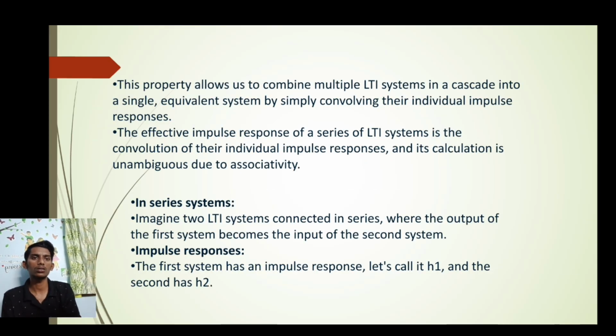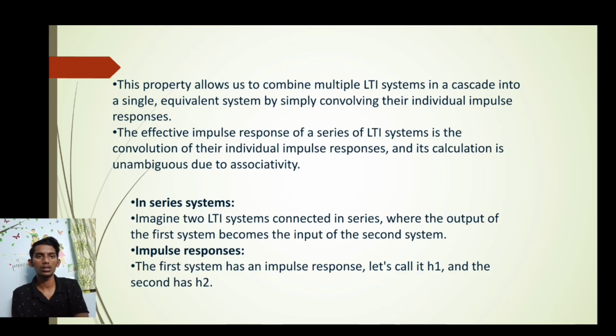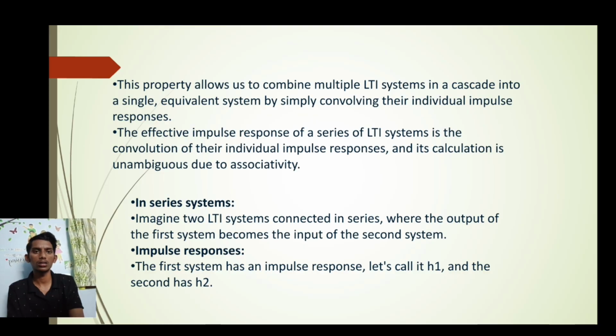This property allows us to combine multiple linear time invariant systems in a cascade into a single equivalent system by simply convolving their individual impulse responses. The effective impulse response of a series of LTI systems is the convolution of their individual impulse responses, and its calculation is unambiguous due to associativity.